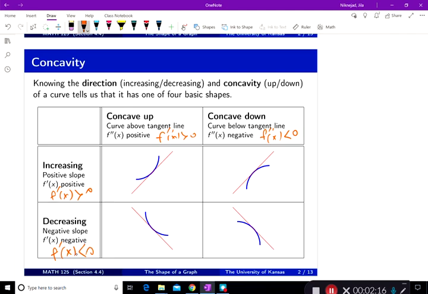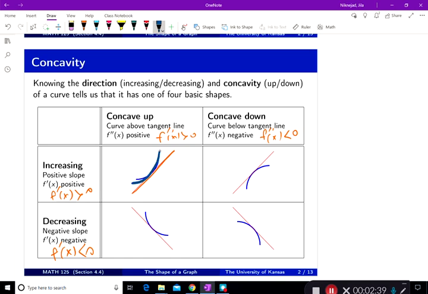So now match all these, increasing and concave up. So increasing means you have to put an increasing piece of tangent line. Then concave up means that the function should sit above the tangent line.